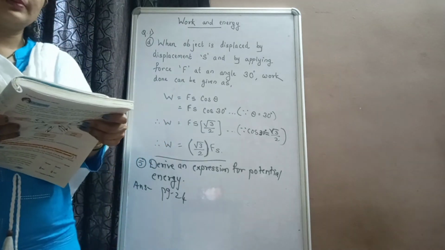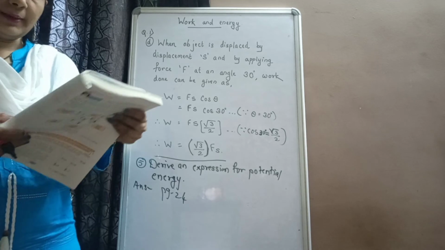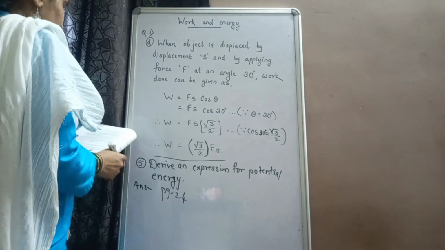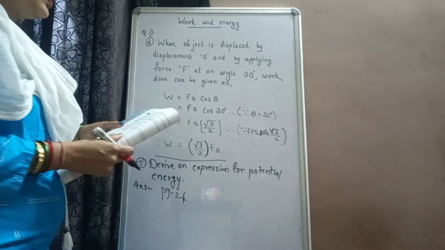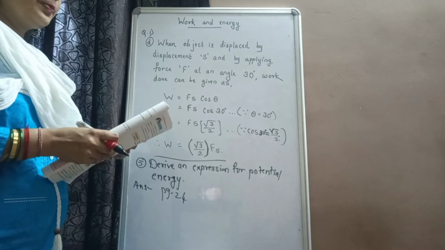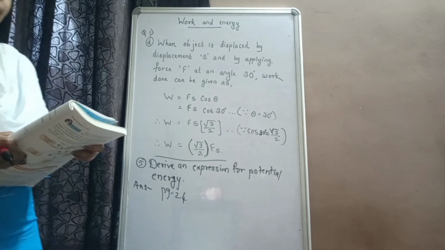It starts from the energy stored in an object. Page 24, please open that page. You will write down the definition, that is, the energy stored in an object because of its specific state or position is called its potential energy.